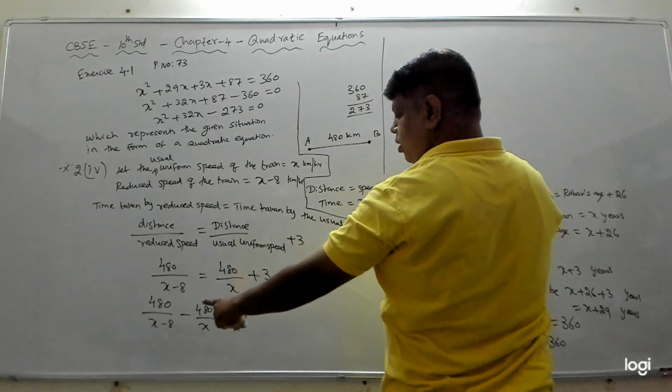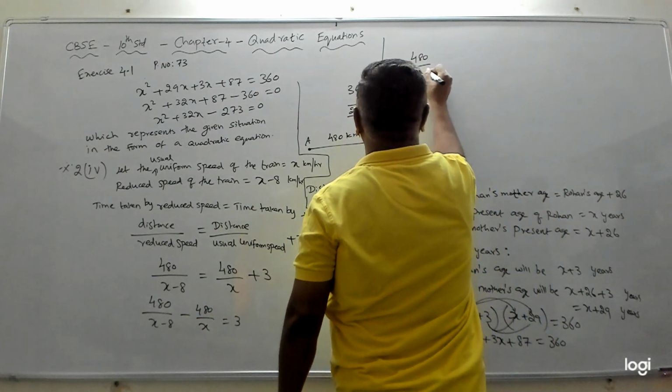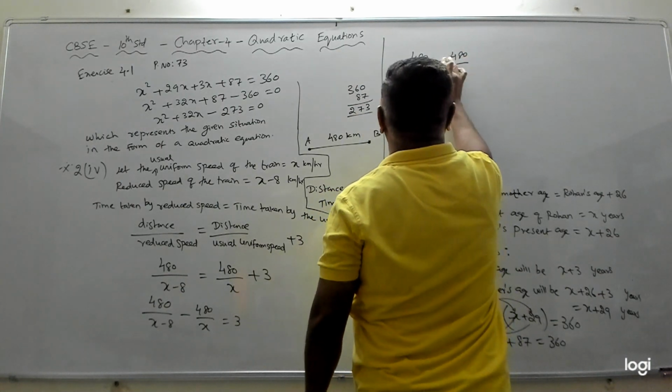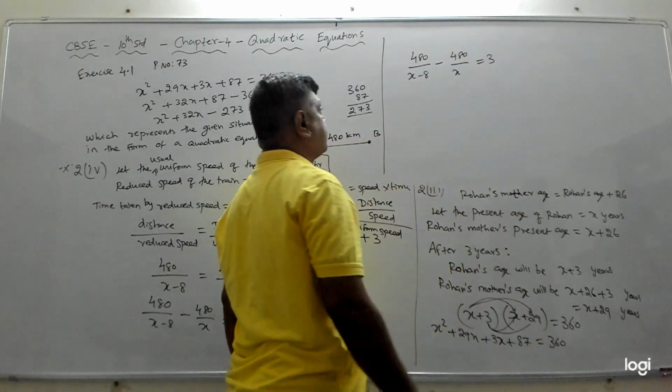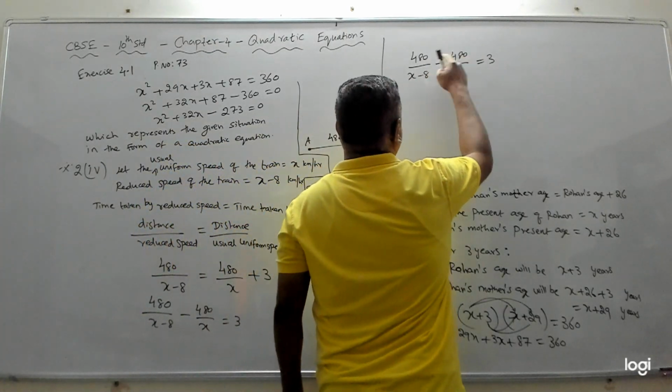Right. So I am writing the same thing again. So 480 by x minus 8 minus 480 by x equal to 3. Now we can take this 480 common in both.